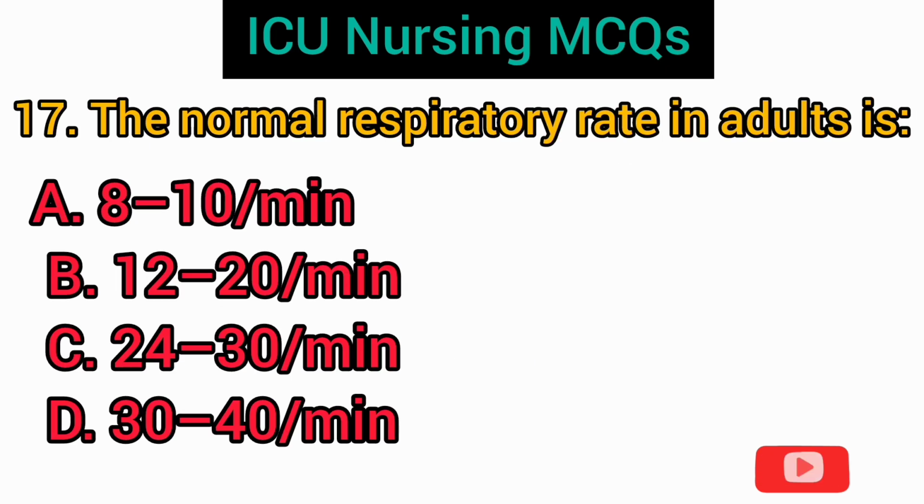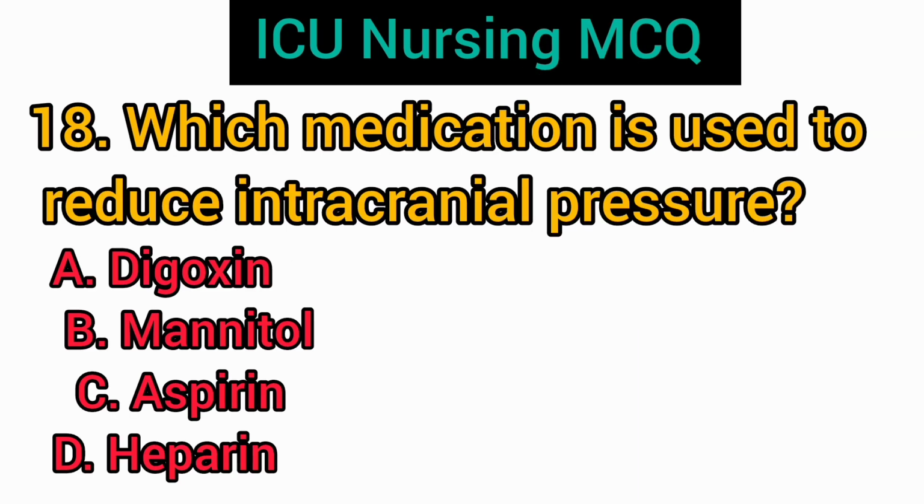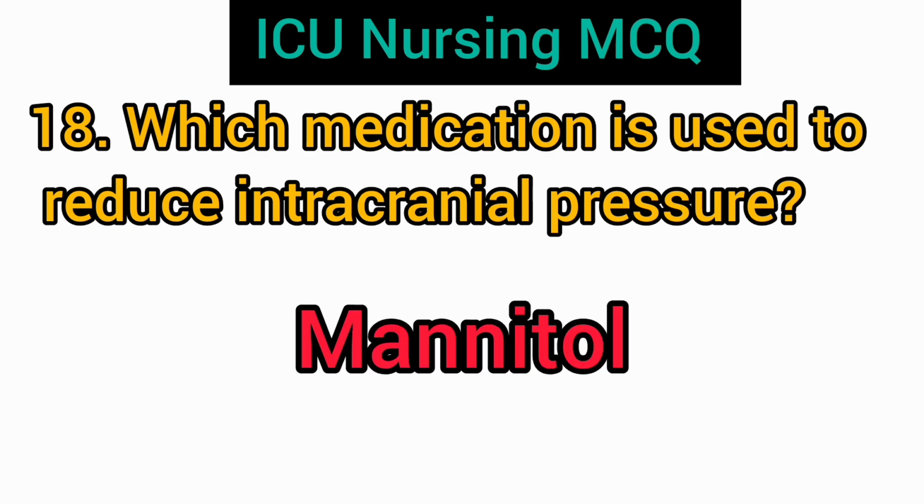The normal respiratory rate in adults is 12 to 20 per minute. Which medication is used to reduce intracranial pressure? Mannitol.